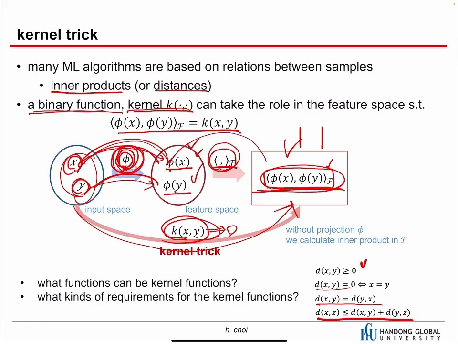So this kernel defines the relationship between data points, and the distance defines the relationship between the data points. So basically, they are talking about the same thing from a different perspective. If we need some constraint to define the distance like this, then we need some constraint to define a kernel function. Then what kind of requirements do we have for kernel functions?